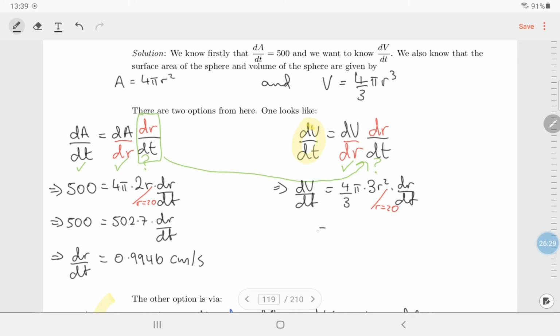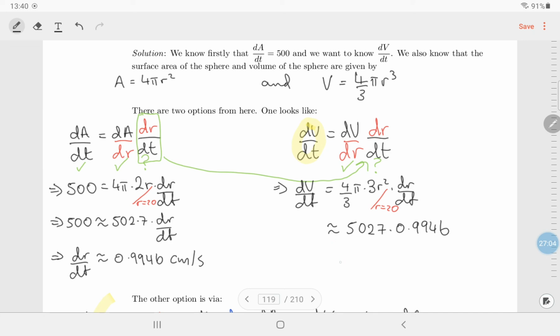So now over here, if I substitute in r equal to 20, that's 4/3 times pi times 3 times 20 squared. And I know that dr/dt is, well, I'll leave that out for a minute. So this is approximately, actually I should be adding a few more approximately's, 5027 times the dr/dt, which I've just calculated as 0.9946.